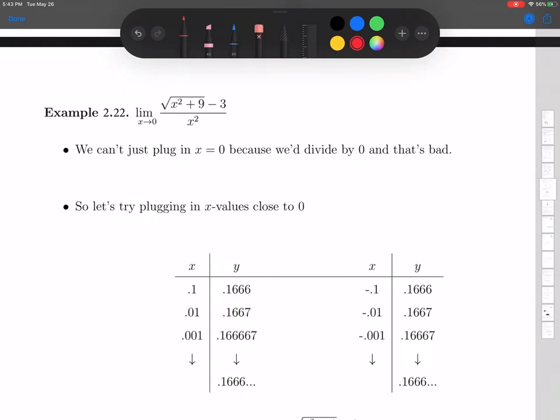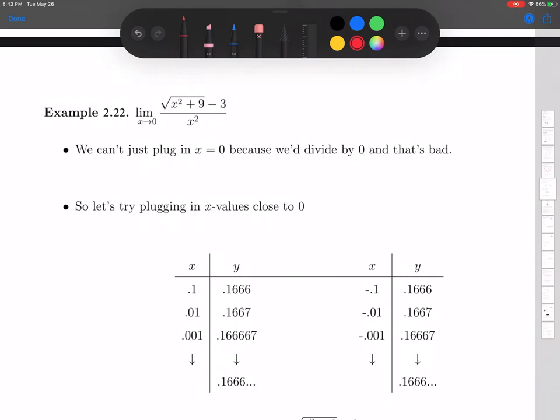So, example 2.22. We have the limit as x approaches 0 of the square root of x squared plus 9 minus 3, divided by x squared. And what are we approaching? Well, it says x is approaching 0.